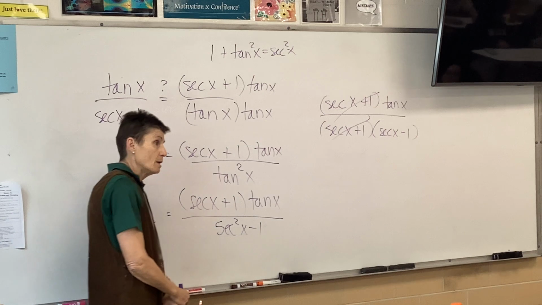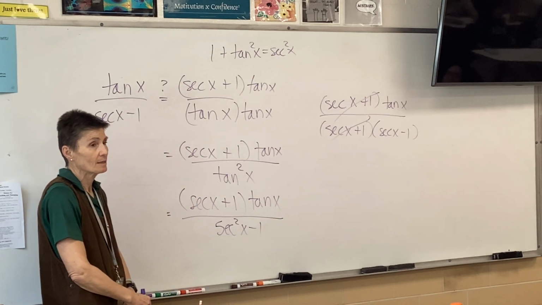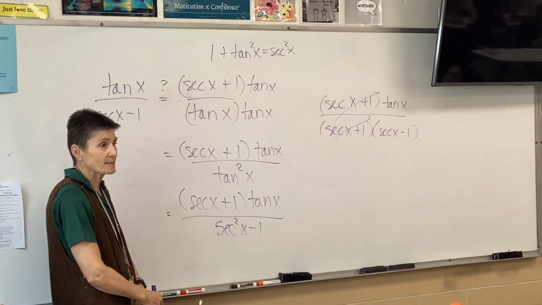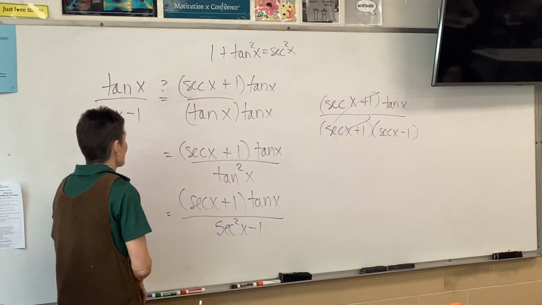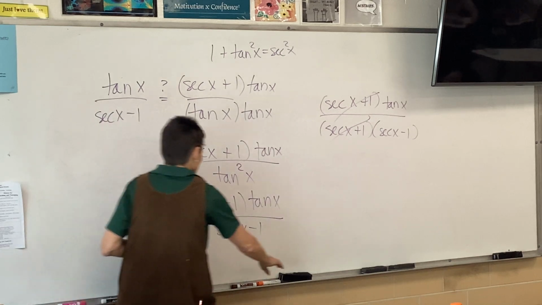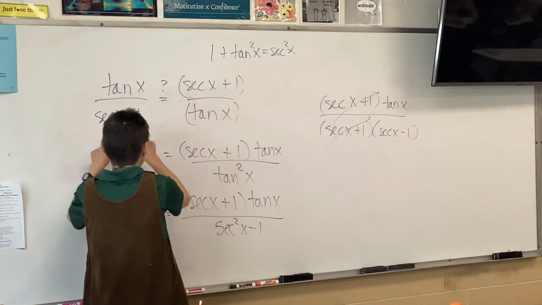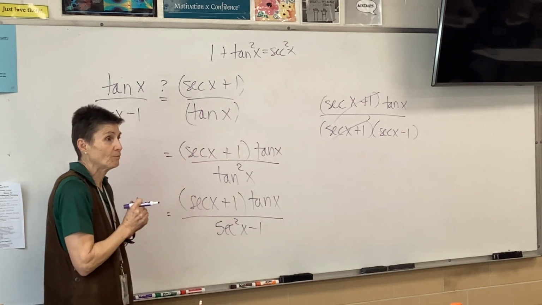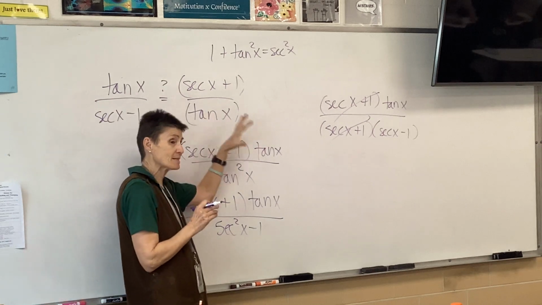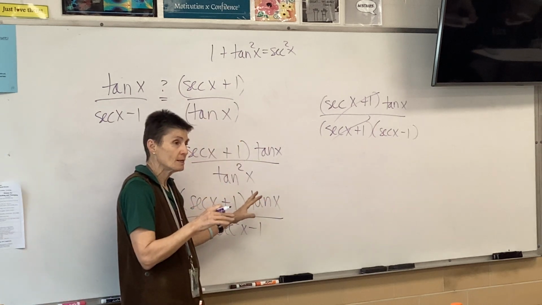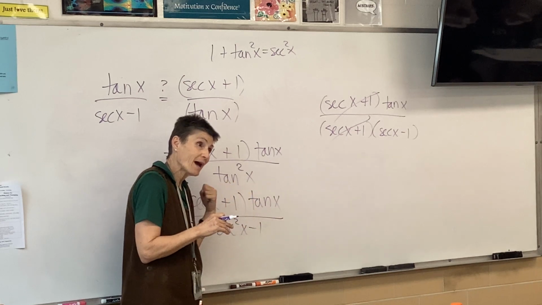Now, I am a huge proponent of changing into sines and cosines. I change into sines and cosines all the time, but not in this problem. Because in the original problem, didn't both sides have exactly the same two functions? Yeah. So if I decided to change into sines and cosines, which I could do, I eventually would have to just change them back.